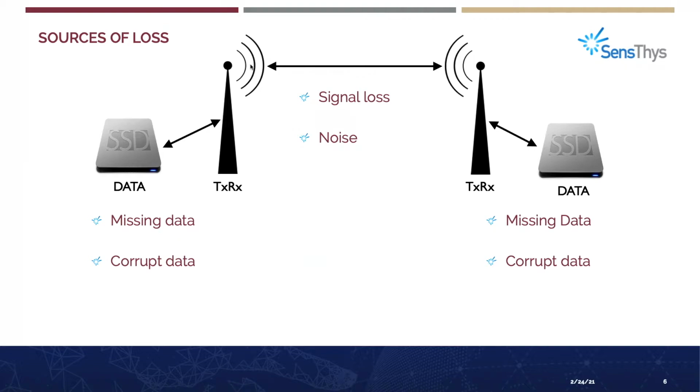The channel is basically bad things, if you will. A good example right now is that we've all been watching Perseverance landing on Mars, and that's 11 minutes at the speed of light away. So there's quite a bit of noise on that channel. Without the mathematical techniques that we use here, none of that would ever happen.